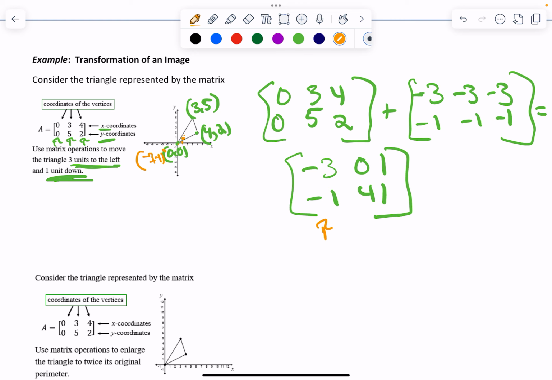We end up in 1, 1, which is that third one. And then we've got 3, 5, 3 to the left, and then 1 down. So we end up at 0, 4. That would be the second column. There it is.